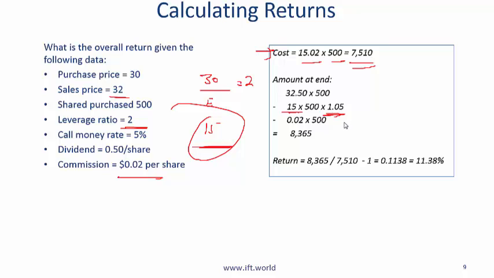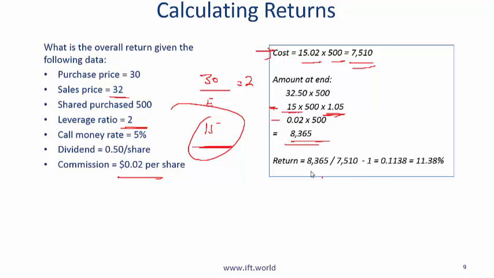The 5% interest. So we are actually assuming that the 5% is for your holding period. We should actually say that the holding period is 1 year then. So you subtract that. And then you also subtract the commission at the end, because you pay a commission when you buy and you also pay a commission when you sell. So you subtract the 2 cents into 500, and this is how much you have at the end.